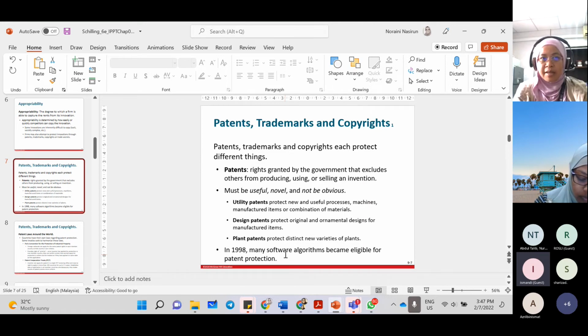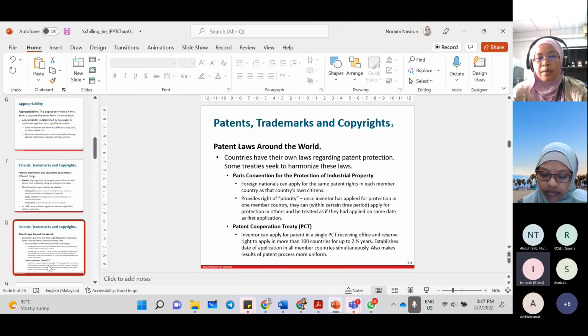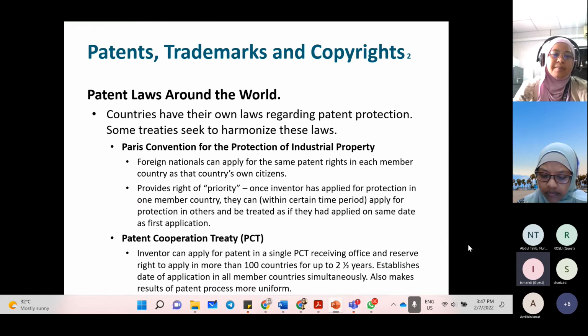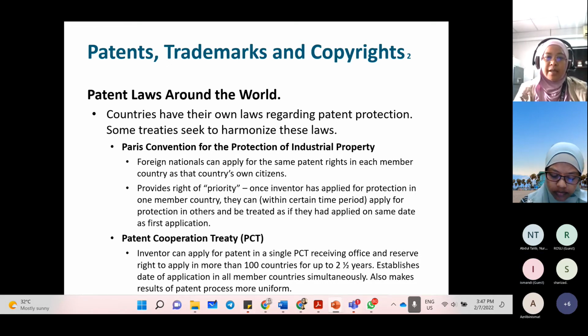Among those is China. That's why it's very easy for them to come out with imitation products. They can imitate the product easily because nobody can do anything to them. They don't sign the protection law; there are a few countries that don't sign.